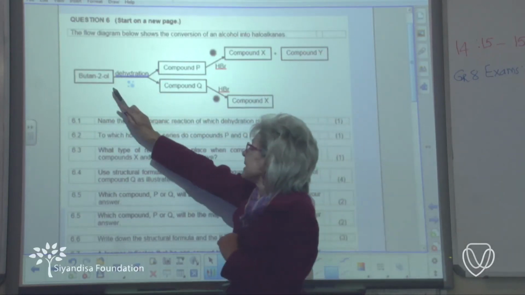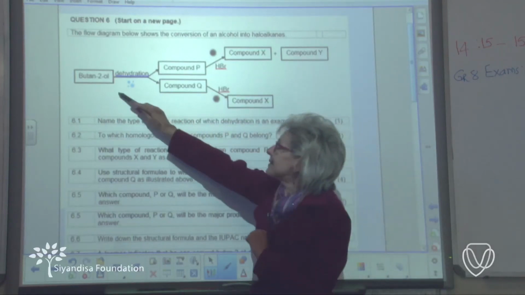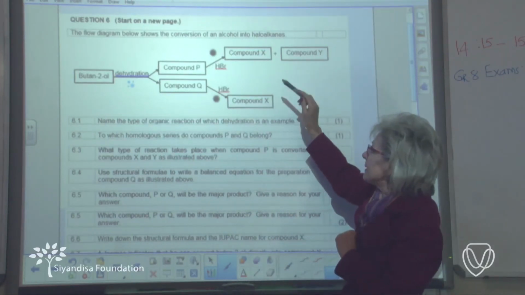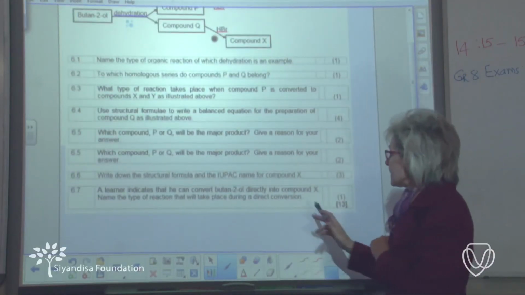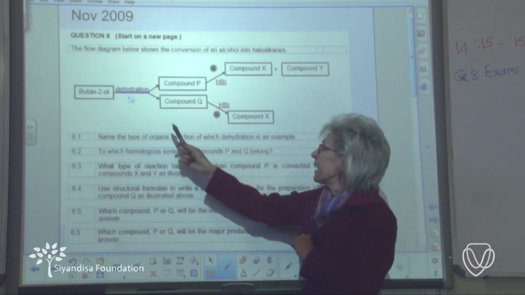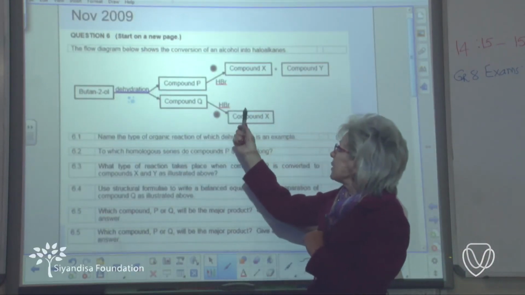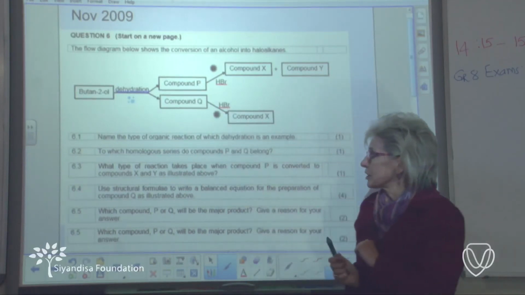Yes, you can, because it is a saturated compound to a saturated compound. Therefore, the type of reaction is simply substitution. Which type of substitution? You substitute the hydroxyl group by a halogen group, so you are doing hydrohalogenation.